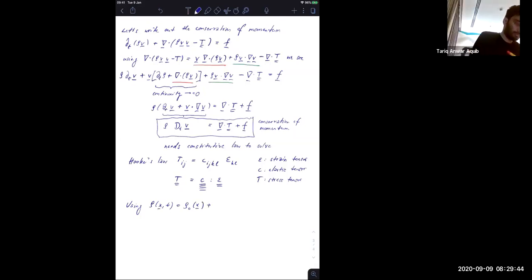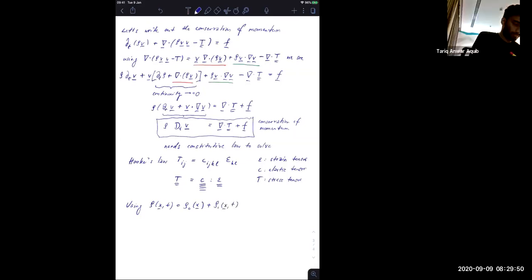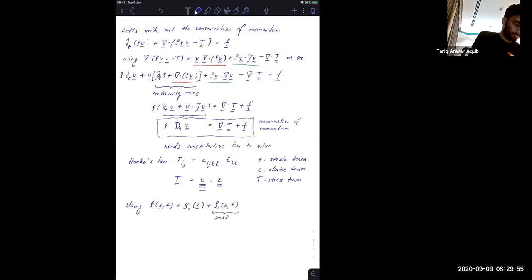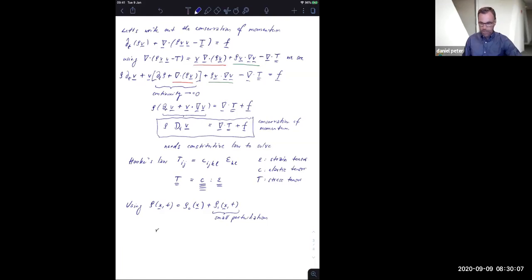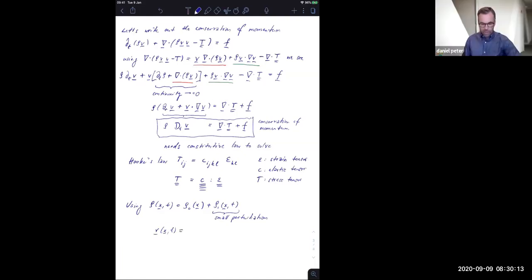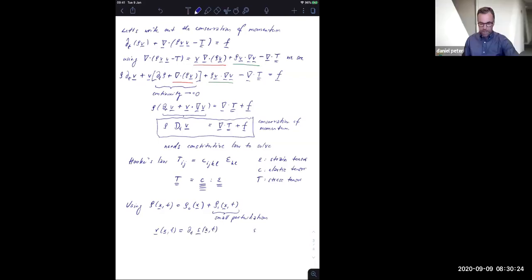And then we have small perturbations with respect to that reference density with time. And these we consider to be small. Good, and what we also use is velocity, which we can write as the time derivative of displacement s.